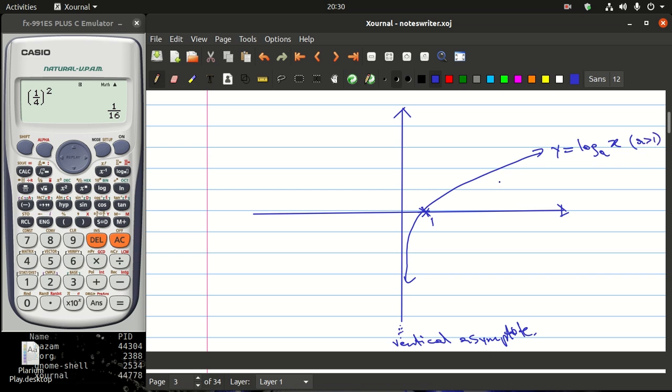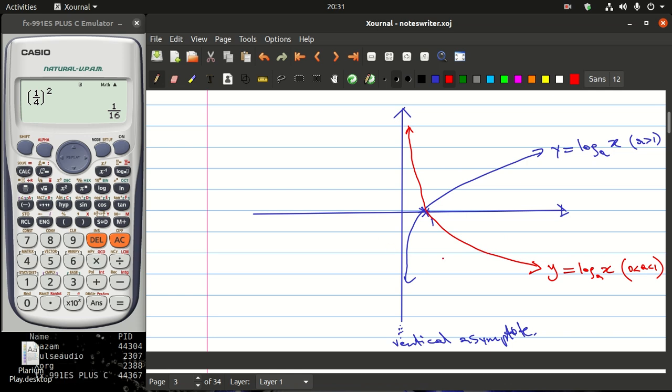And if a is less than 1, we get a nice function that is going all the way, cuts 1, and then it goes that way. So this one, you're going to have y is equal to log ax, but now our a is ranging between 0 and 1. So it looks like this.